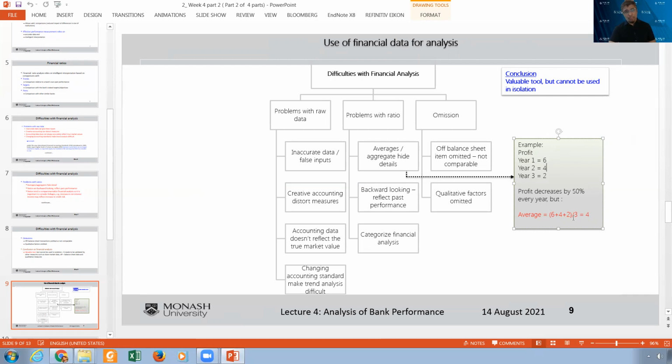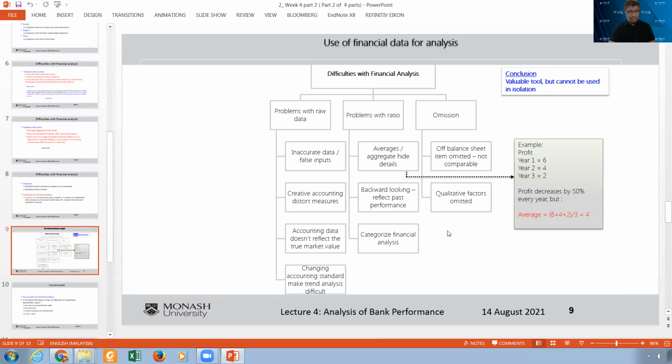This huge drop tells you that when you tell me the average is 4, I know the average next year will be maybe 50% of that. So there is a huge drop and a big problem in that. So this is when we talk about the averaging. They look backward, as already talked about. They compartmentalize.